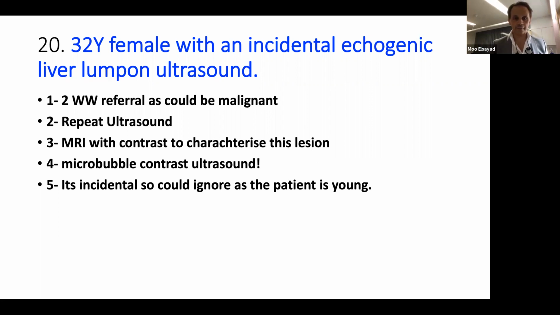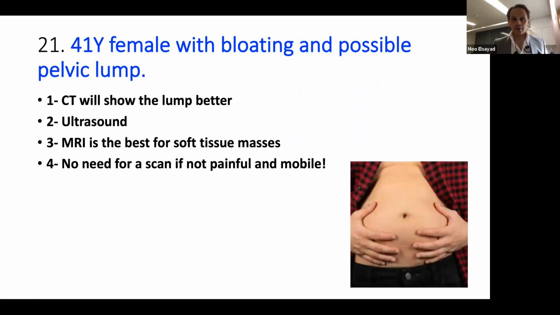Okay, perfect. 41 female with bloating and possible pelvic lump. So we've got 1 and 2, CT, ultrasound. I think people who went for ultrasound, I don't think it's a bad idea to start with.